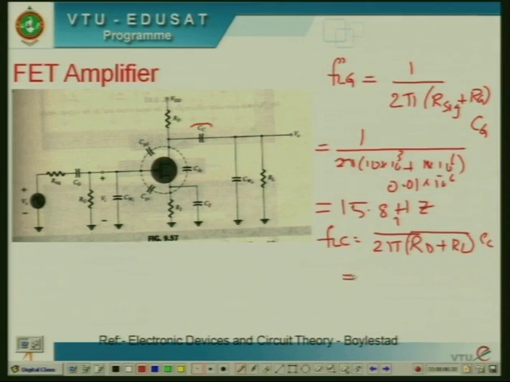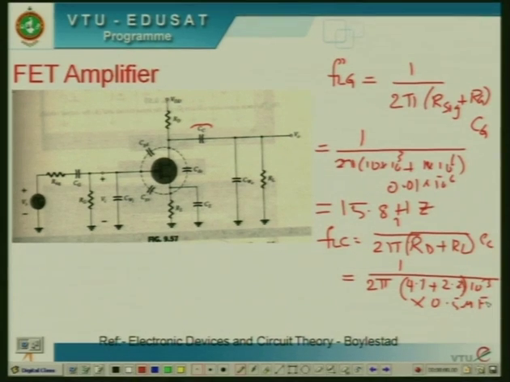If you substitute the values, this is equal to 2 pi into (RD is 4.7 K plus RL is 2.2 K) into 10 to the power of 3, multiplied with CC value, which is 0.5 microfarad. If you substitute these values, then the cutoff frequency due to this is given by 46.73 Hertz.